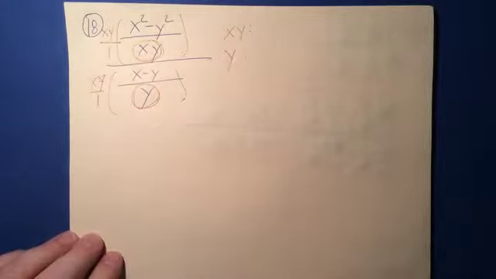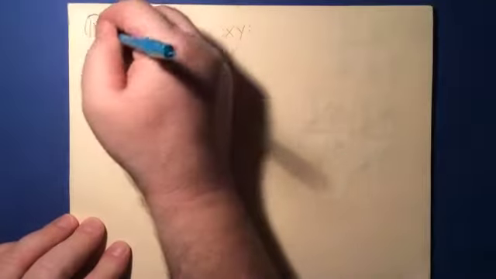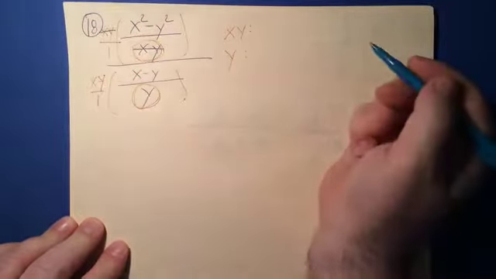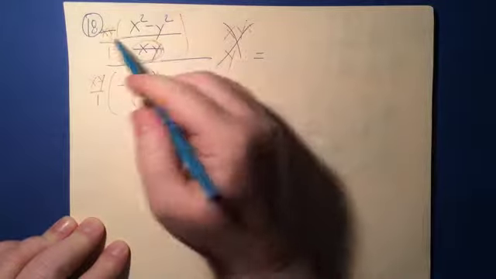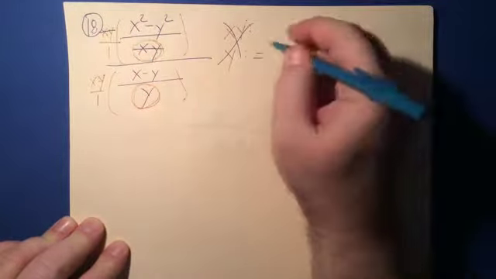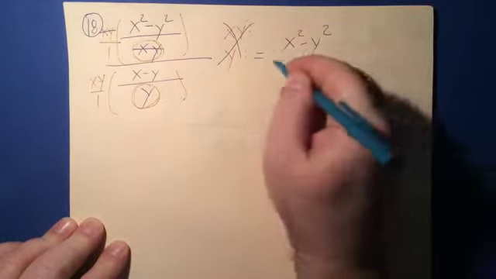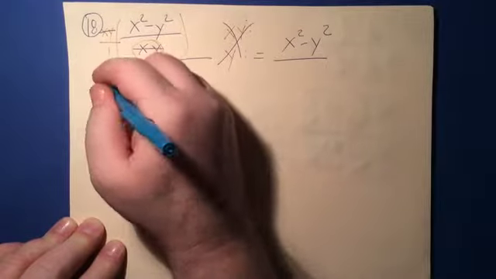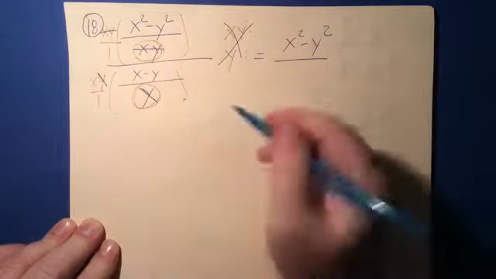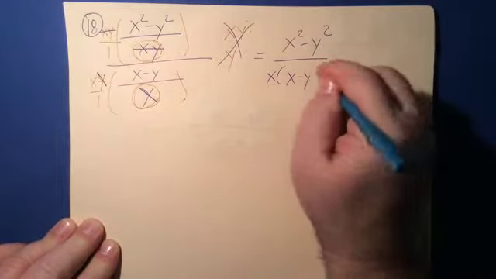What's even nicer is, once I multiply everything through, I cross out the x and the y, and on top I'm left, once this reduces, with simply the quantity x squared minus y squared. Here, I can reduce the y, and I'm left with the quantity x times (x minus y).